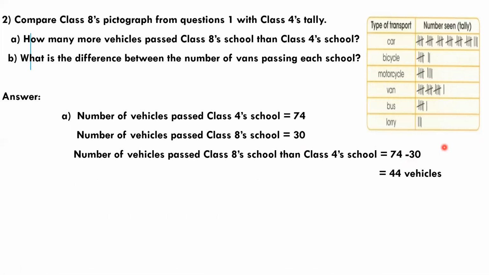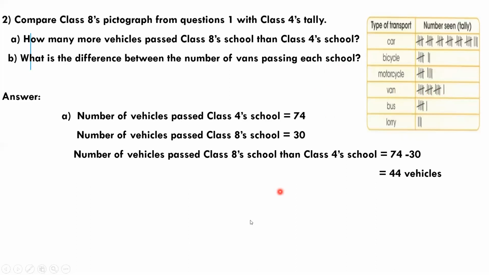Okay, now next, what's the B part? What is the difference between the number of vans passing each school? So we need to find the difference between the number of vans passing each school. As per the tally chart of class 4, how many vans are here? 5, 10, 15 plus 1, 16. As per our previous question, the number of vans passing class 8 is 6.